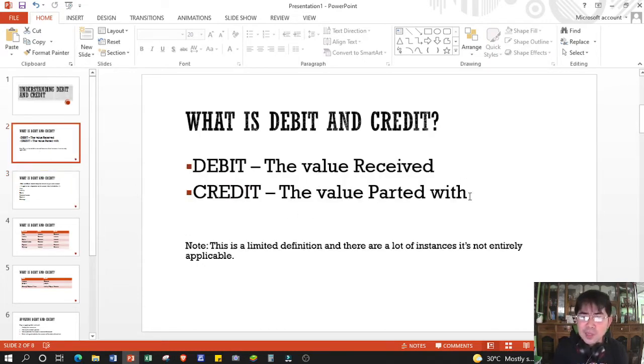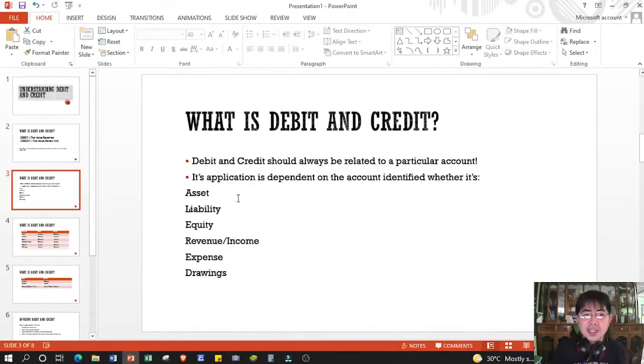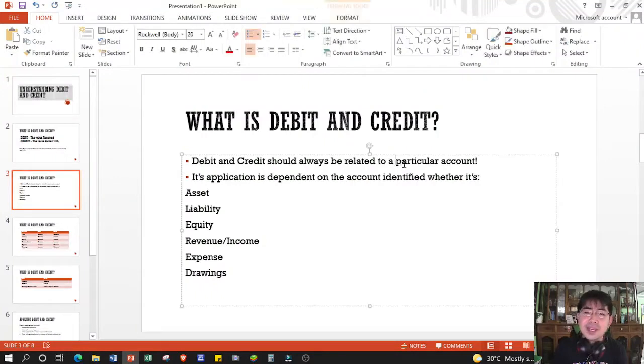Mas dali para sa ako ang walay definition nga ani ang debit and credit because in order for us to have a better understanding kung asa ang debit and credit, kailangan permanently i-relate siya sa account or sa element. Its application is dependent on the account identified, whether it's an asset, a liability, equity, revenue, income, expense, and even drawings.